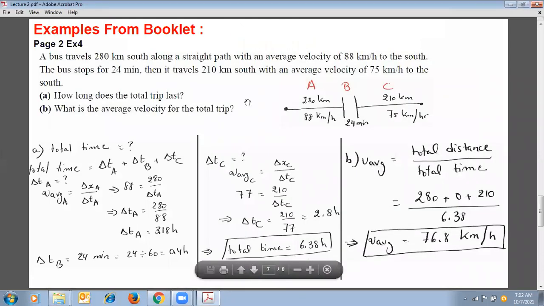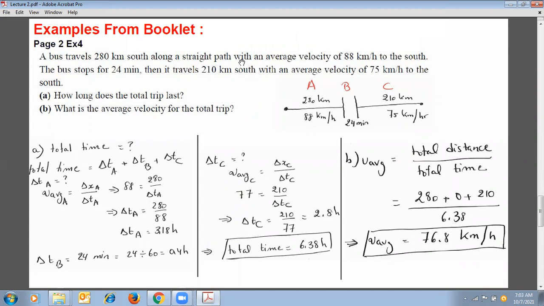So we will start with: a bus travels 280 kilometers south on a straight path with an average velocity of 88 kilometers per hour to the south. So the bus is moving to the south, the velocity is to the south. So the positive axis, we take it to be to the south, okay?